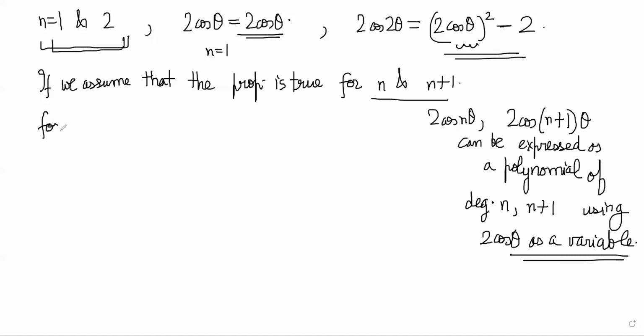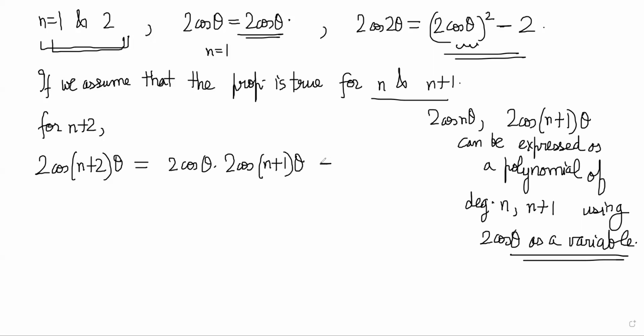So for n plus 2, we can say 2 cos (n plus 2) theta is basically equal to 2 cos theta times 2 cos (n plus 1) theta minus 2 cos n theta. This is an identity. How do I know this is an identity? Because I can take this minus 2 cos n theta on the other side.